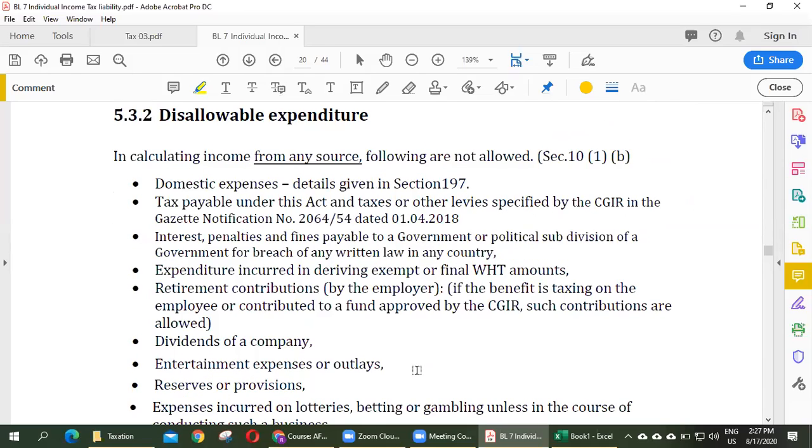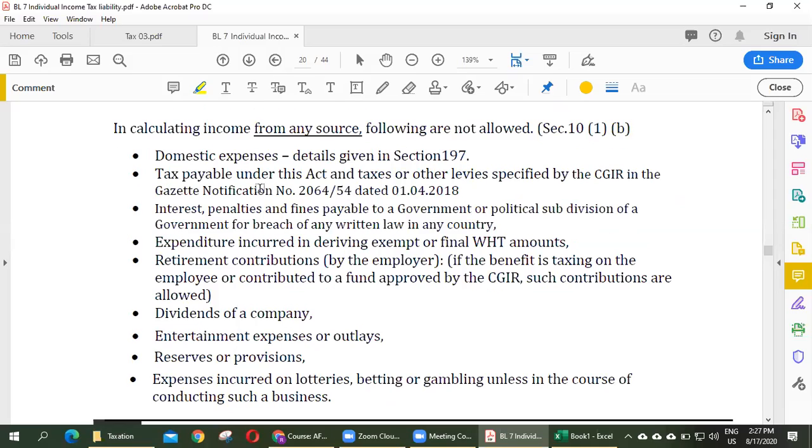Okay? Now we will discuss disallowable expenditure. Right? There are two types of expenditure, allowable expenditure and disallowable expenditure. In calculating income from any source, the following are not allowed under section 10. Domestic expenses.